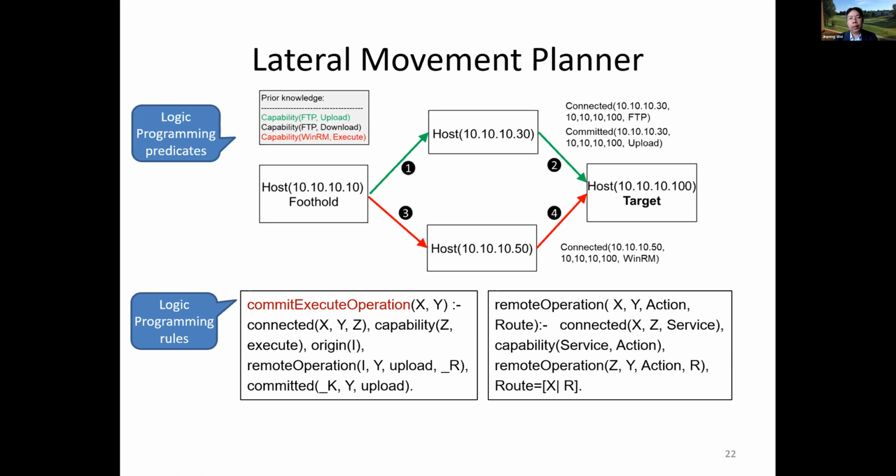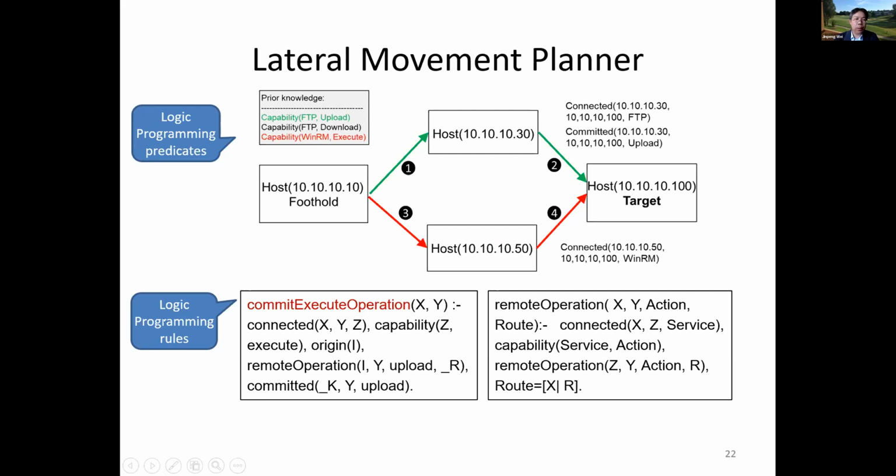Another set of predicates is derived from the global network view. Some predicates represent the connections between the nodes and the kinds of protocols running inside the connection. Other predicates represent the actions that are already committed. For example, this means that the upload of some file is already done.